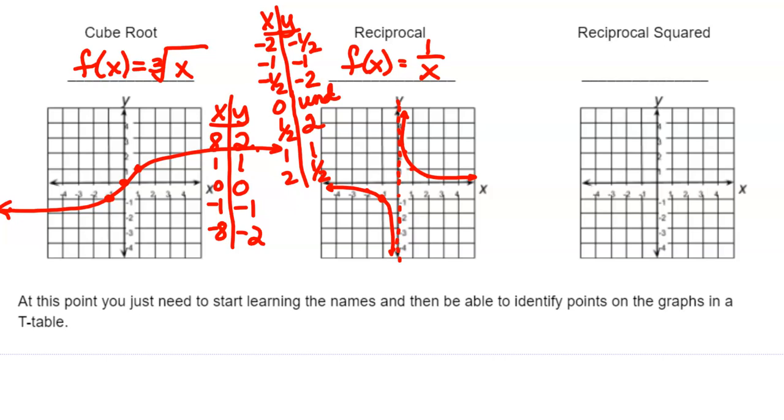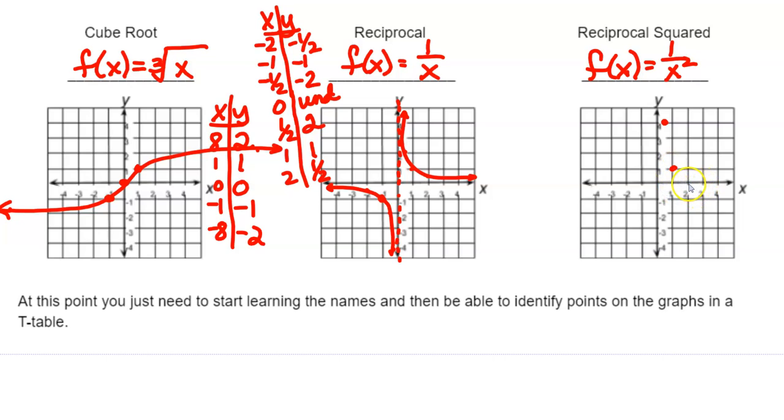Okay. And our last function, finally out of section 1, they seem to always cram in so much information into a first section. We have the reciprocal squared, 1 over x squared, as our function. Now, if you do a t-table on that, if I throw in 1/2, square it, we get 1/4, flip it, gives me a 4. If I throw in 1, 1 squared is 1, 1 over 1 is 1.